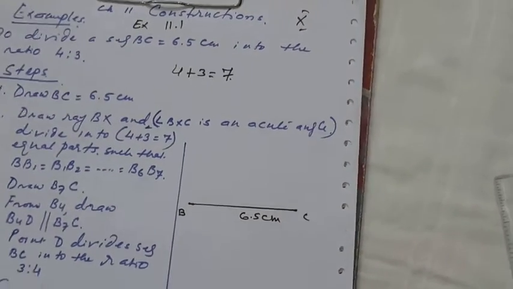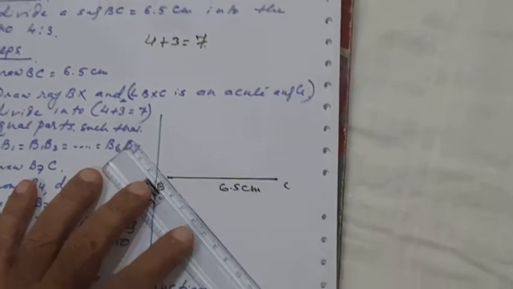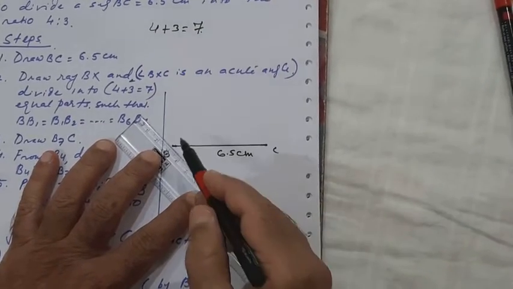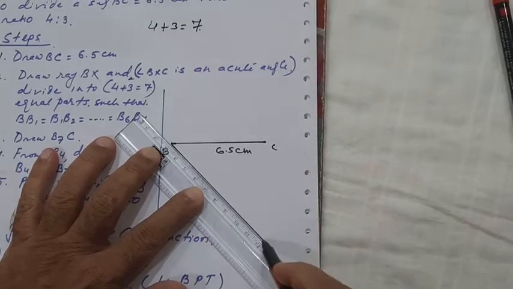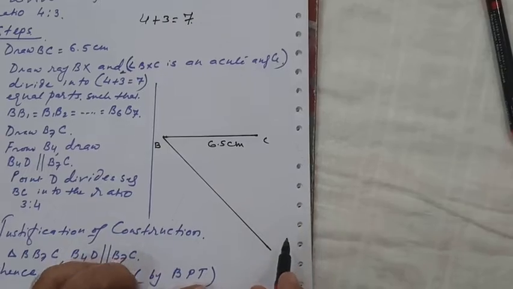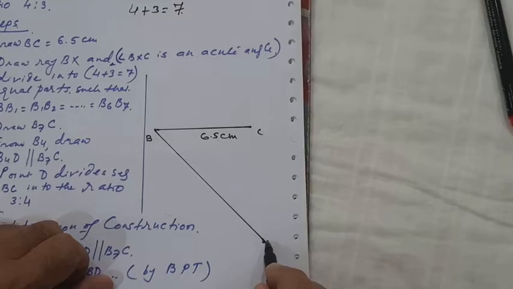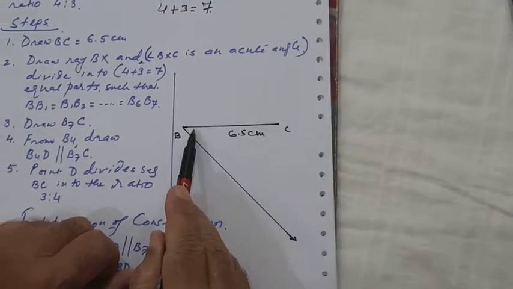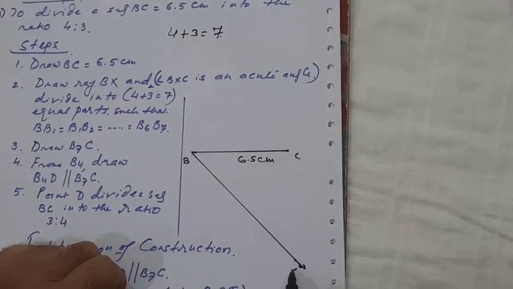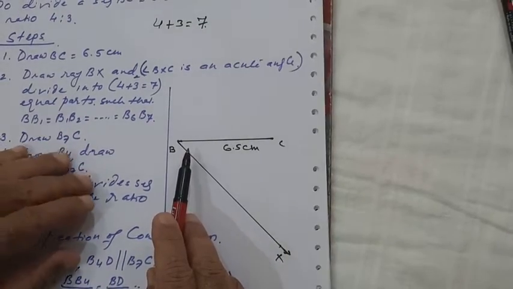Draw one ray BX which makes acute angle with segment BC. This is the acute angle. CBX is an acute angle, that is less than 90 degree.